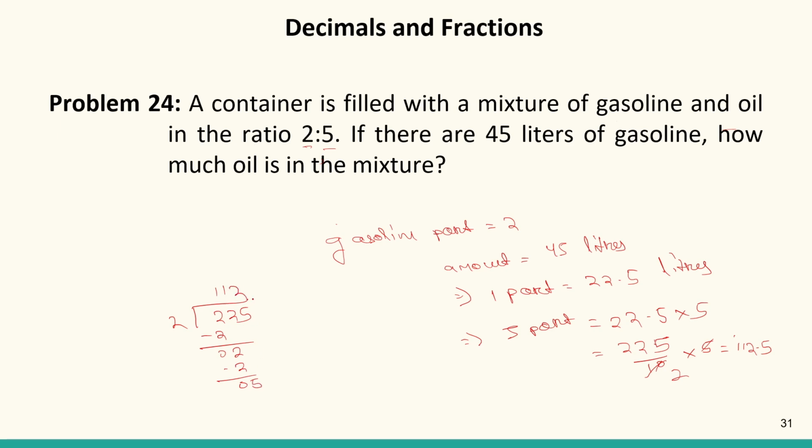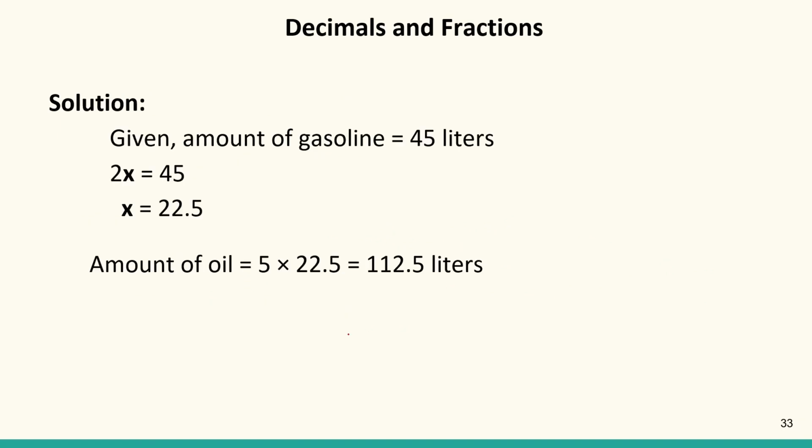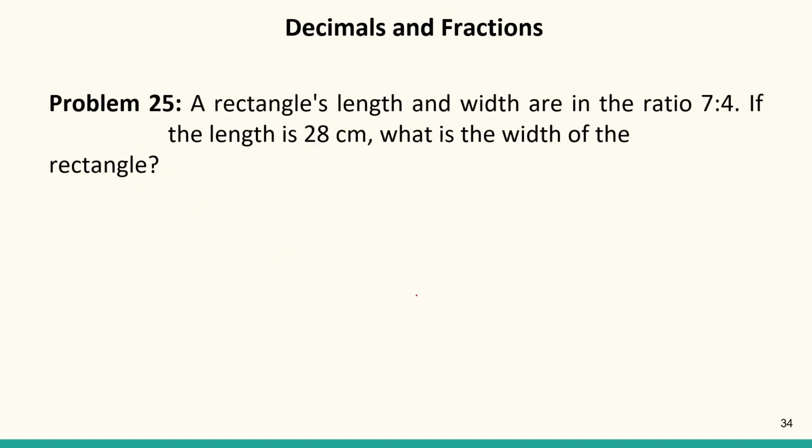Okay, so 2, then 4, then 1. Then what we do is we put it here 0 and then 5 0. Okay, so 112.5. Let's see the answer again. So 2:5, 2x, 5x, 112.5. Final answer.